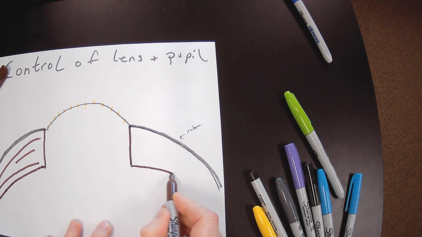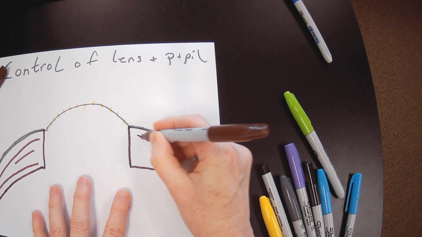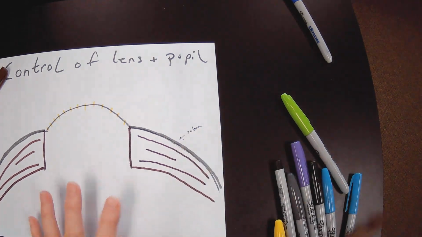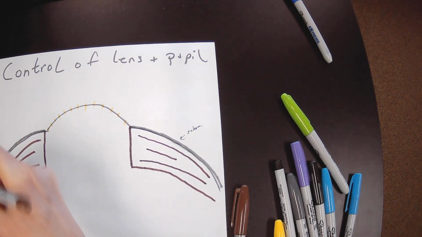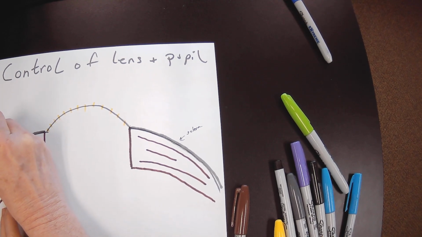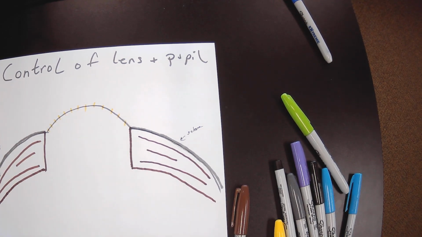Going back, this is your ciliary body, part of the vascular layer of the eye. Okay, so that's what we've seen so far.